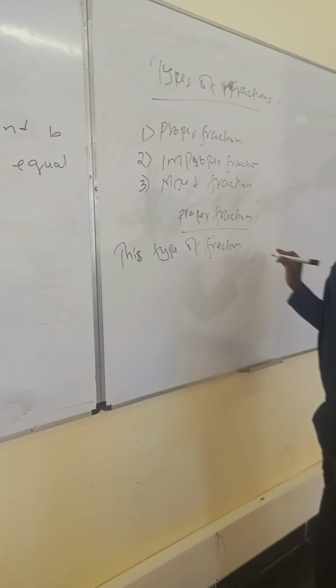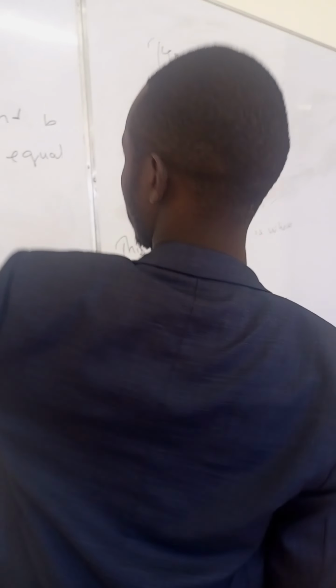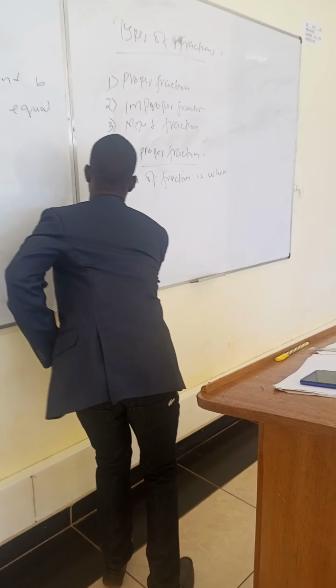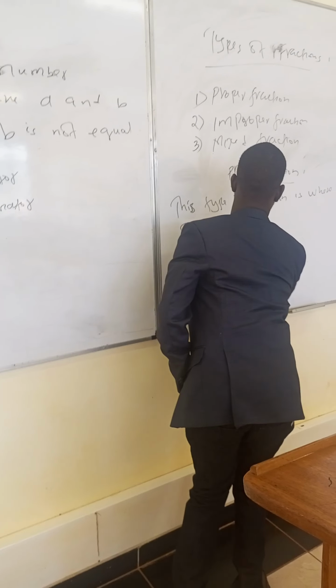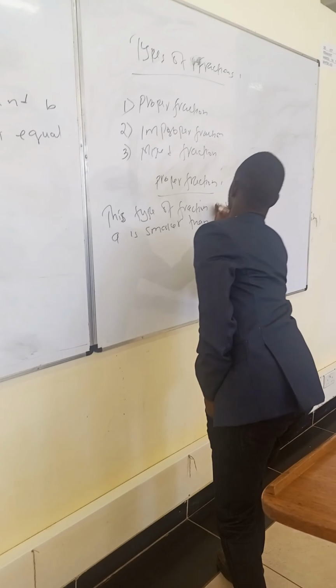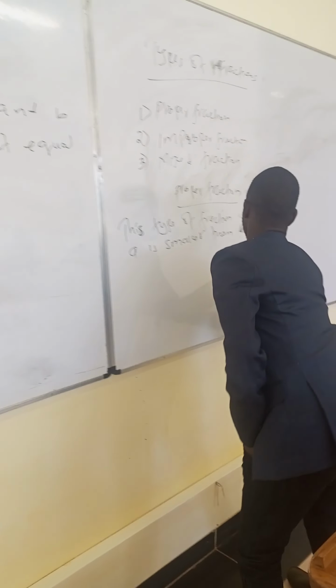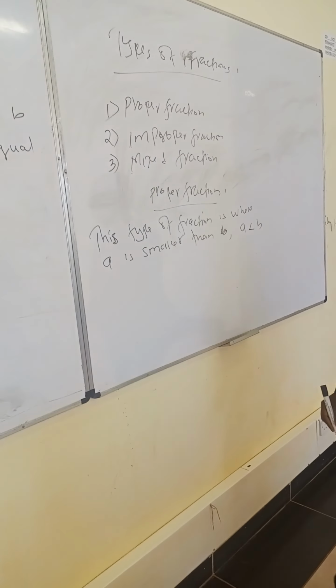This type of fraction is where, as we have said, a fraction is in the form of A over B. For this case, A is smaller than B. We can write it like this, where A is less than B.